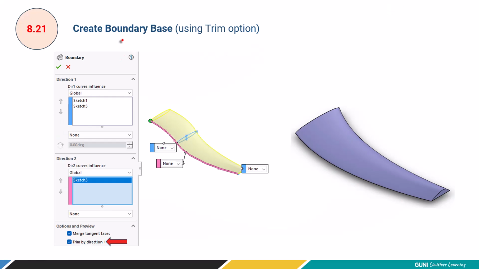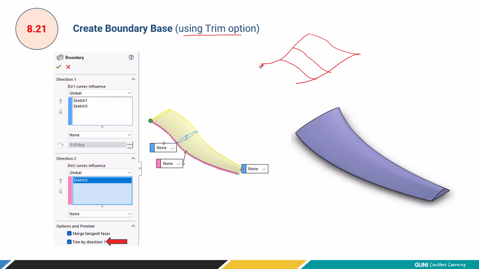Now in the next exercise, we'll try to use trim options. Let's say I have two profiles in direction 1 and in direction 2 I have only three curves like this.